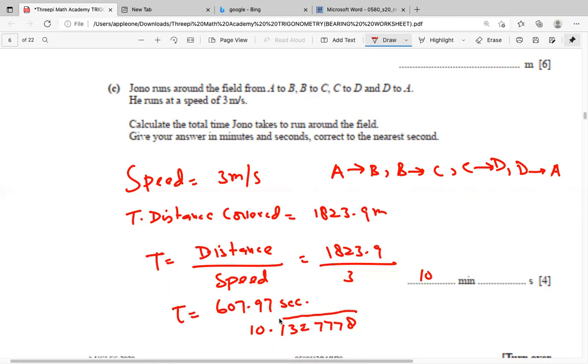Now take this thing, which is 0.13277778, multiply with 60 because we'll convert them into seconds.